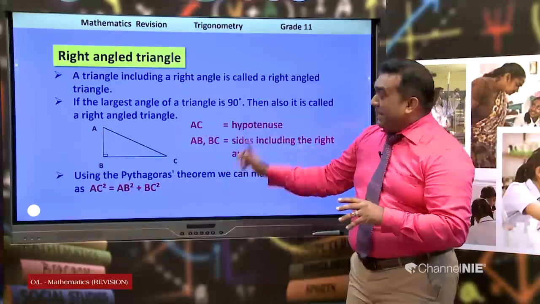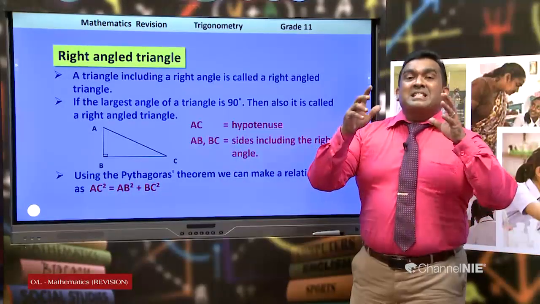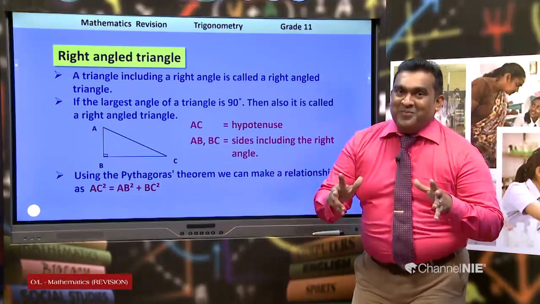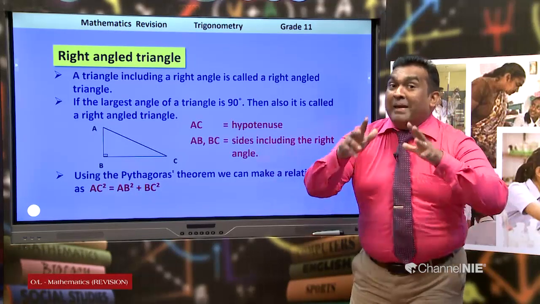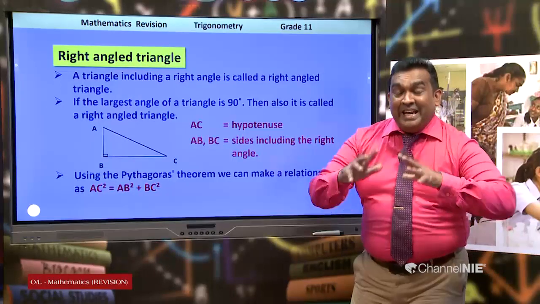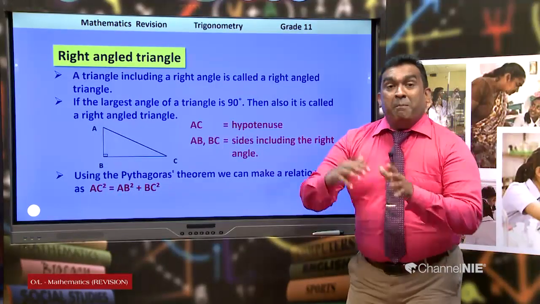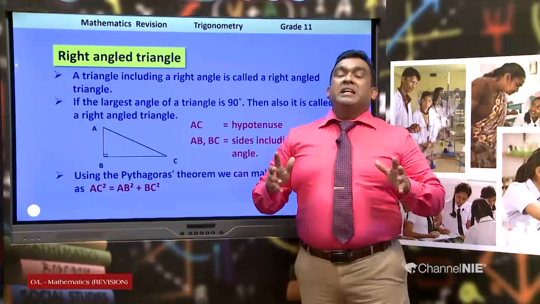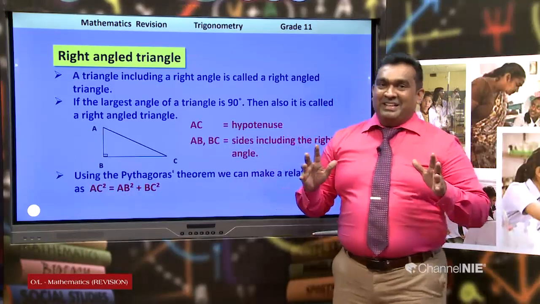Then how did you get BC squared? BC is the side of the square, right? You can make a square on BC. The area of the square is BC into BC, that is BC squared.